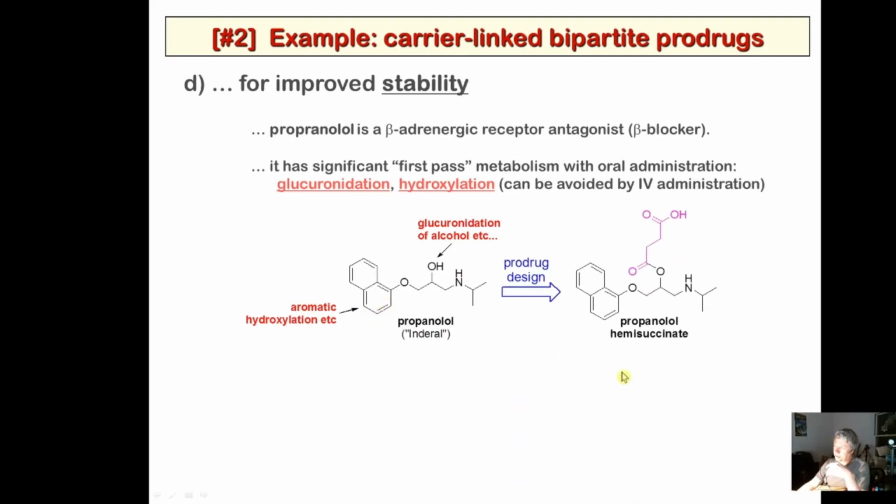And so the prodrug strategy, again, uses this succinimidal ester group, which we've talked about earlier when we talked about, I think, prednisolone.